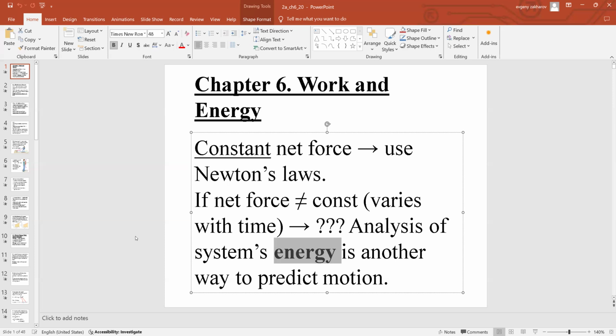A good news, modern physics is pretty much solved with energy and work. So for all of those fancy connections between energy and matter, you need to understand work and energy principles.